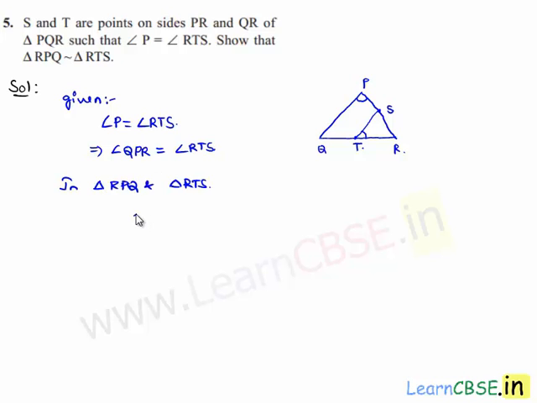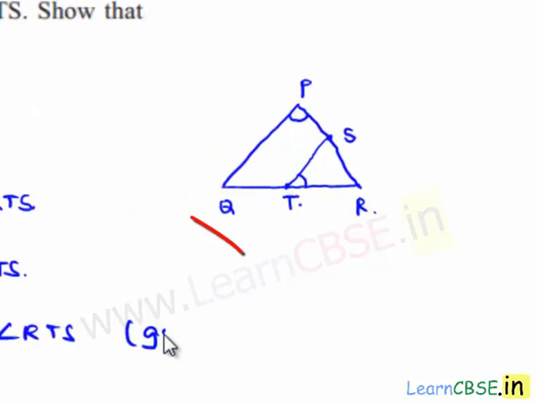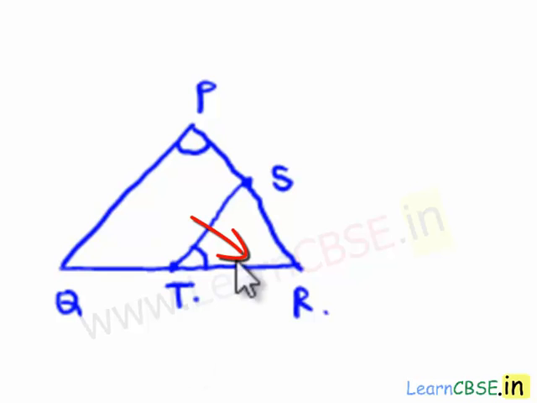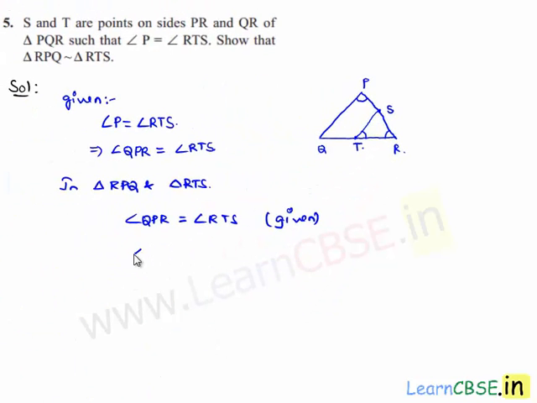In these both triangles, angle QPR is equal to angle RTS, it is given. And in these both the triangles, angle PRQ is equal to angle TRS, since it is a common angle for both the triangles.